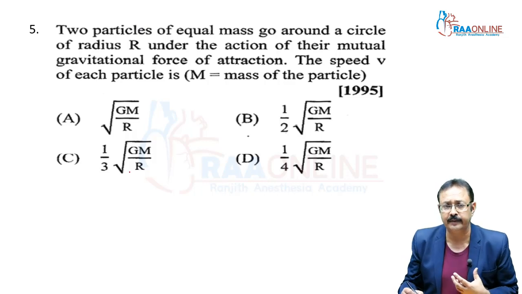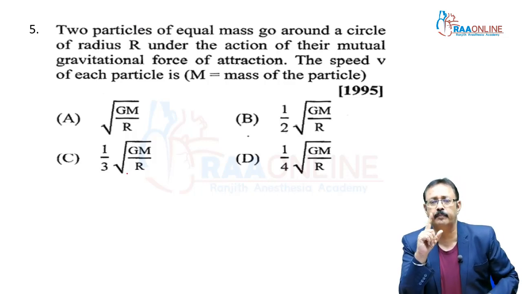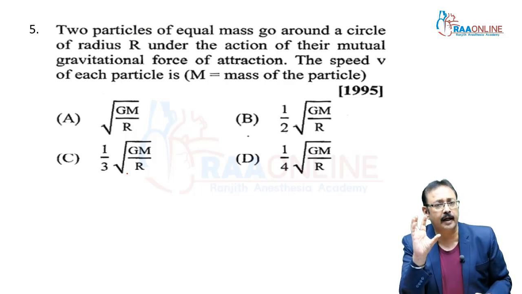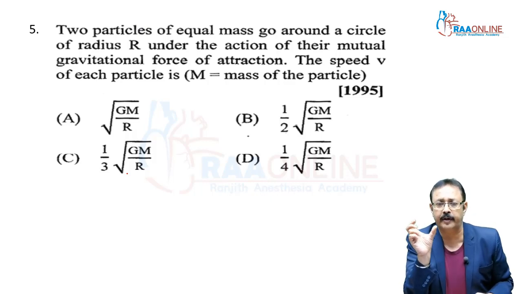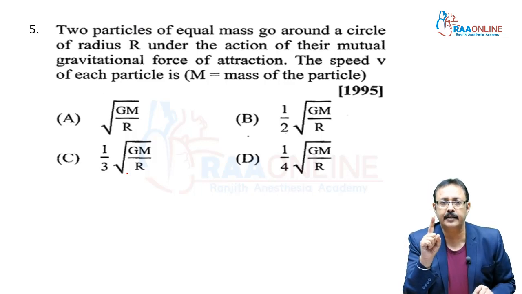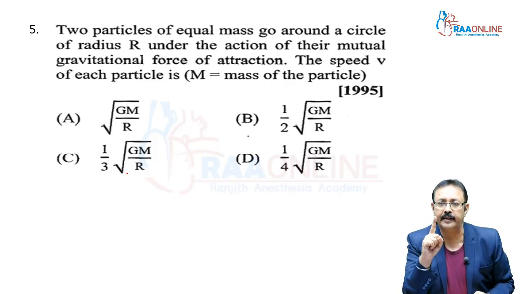Satellites revolving around the planets get their centripetal force from attraction between planet and satellite. Planets orbiting around the Sun get centripetal force from the attraction between sun and planet.